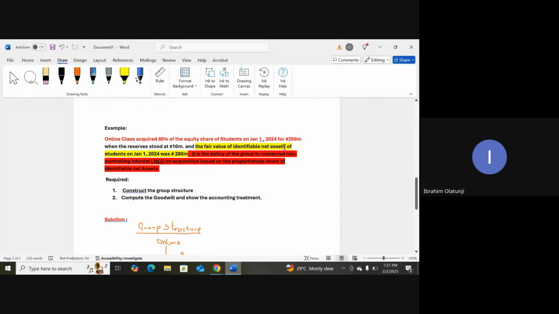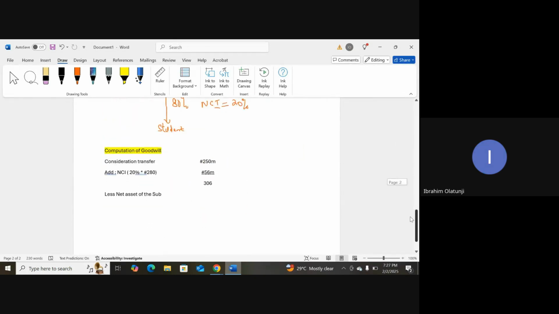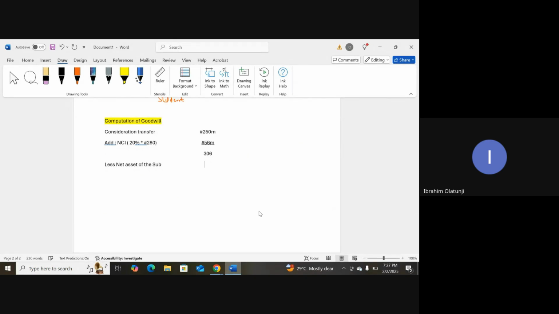The fair value of the net asset of the subsidiary, 280 million, that you need to less. So when you less, what do you have? 26 million. So 26 million is your goodwill.